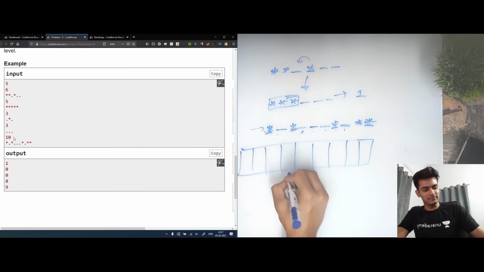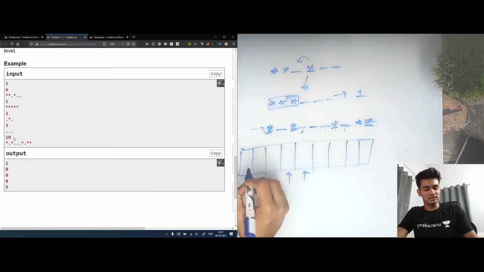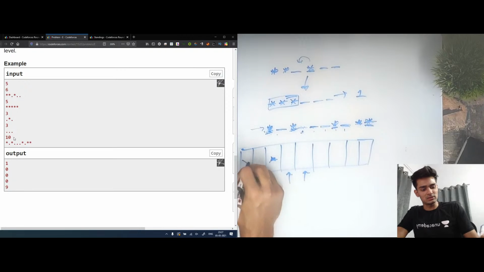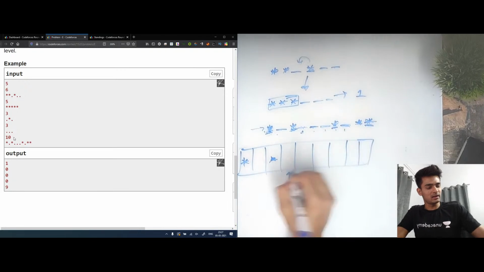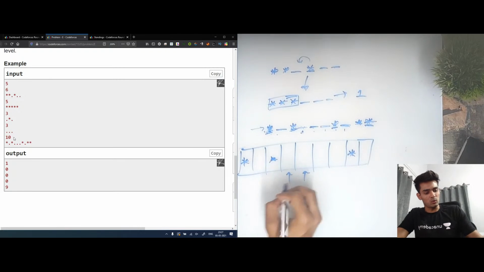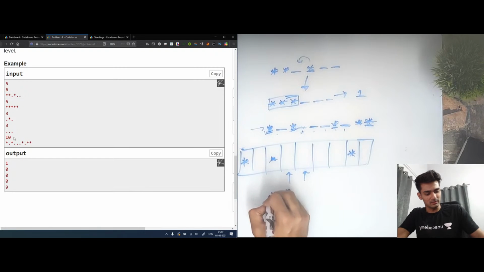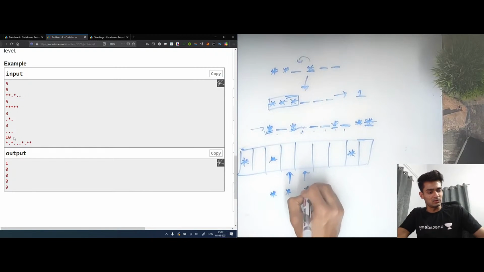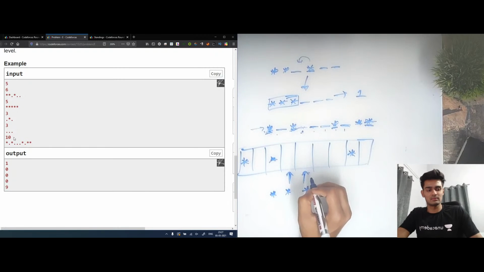Let's say we took these indexes. Let's say we had one sheep here and one sheep here, and in the right direction we just had one sheep here. What I am trying to do is bring the left sheep exactly till this index and the right sheep to this index.